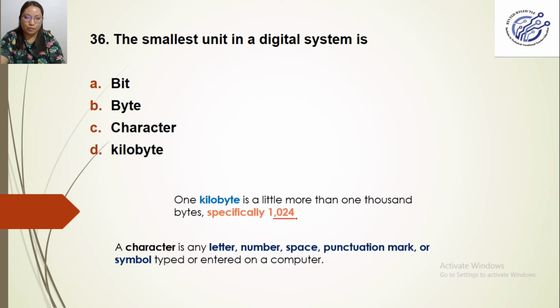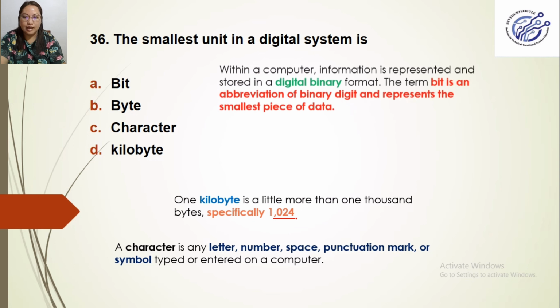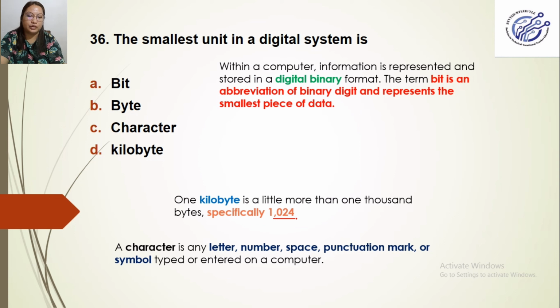Hindi po yung literal na character ng tao, but lahat po ng ini-input natin na letters, numbers sa keyboard, siya po yung tinatawag na character sa computers. Then, within a computer, information is represented and stored in digital binary format. The term bit is an abbreviation for binary digit.